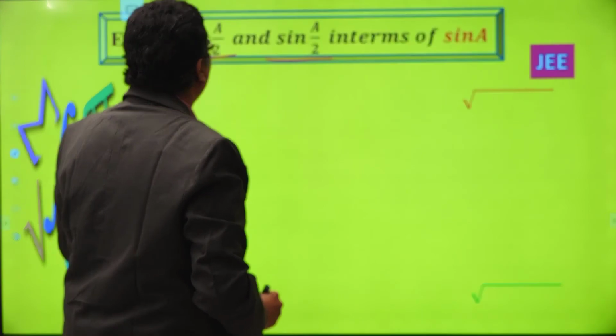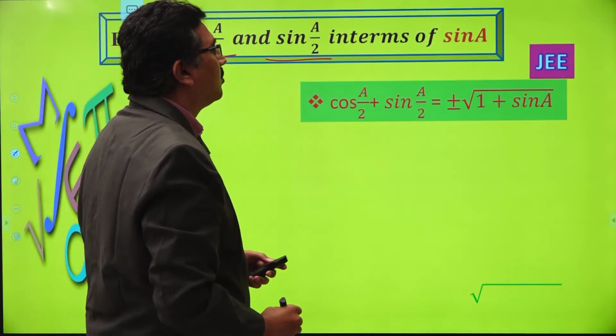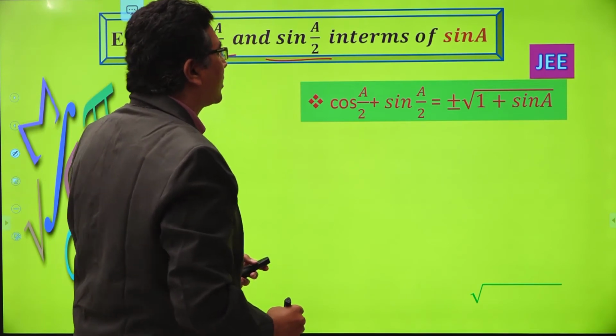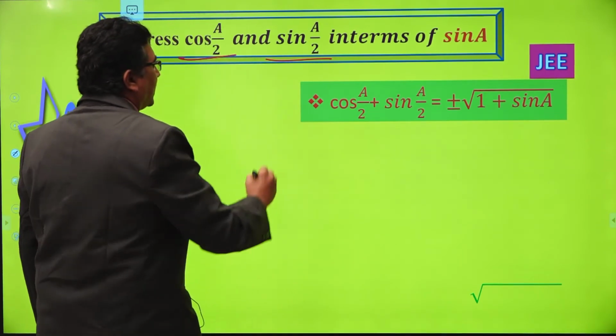Cos a by 2 plus sin a by 2 is equal to plus or minus square root of 1 plus sin a. How to get it?